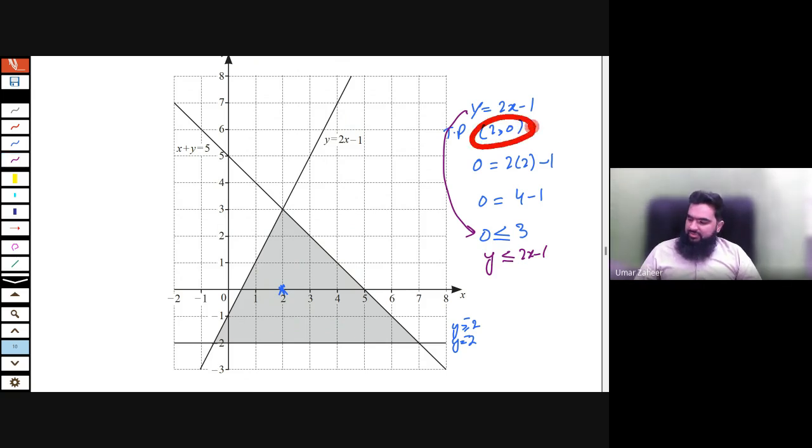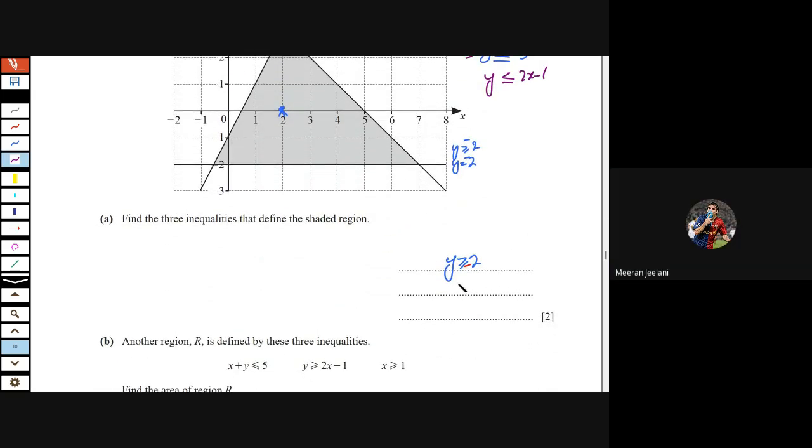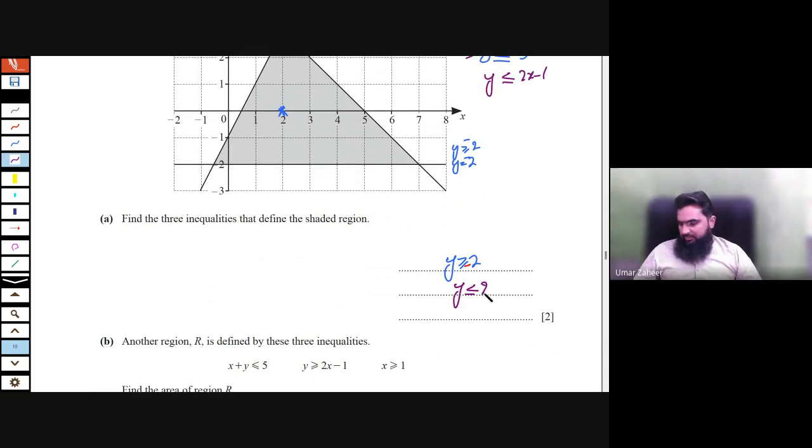So you have to use a test point. With the help of the test point you will get a numerical value, and it is easier to decide whether to put a less than or greater than sign. Yes, sir. Any question? No, sir. So we'll get y is less than or equal to 2x minus 1.